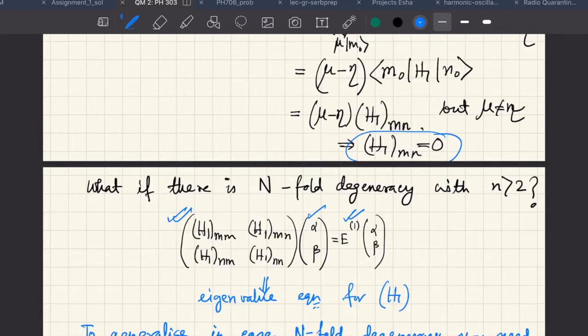So if you find such an operator omega, then this H1 matrix will automatically be diagonal, and you will not have to complicate your life with the higher order characteristic equations in case your degeneracy is much more than 2. Okay, fine.